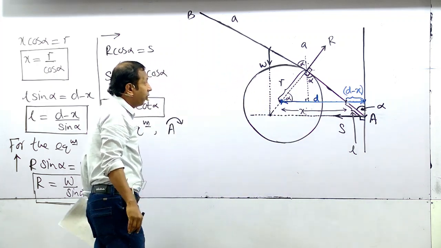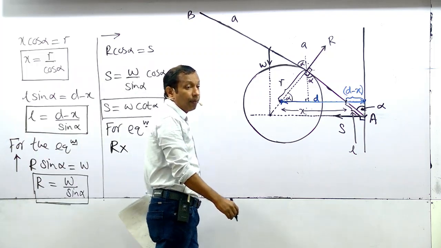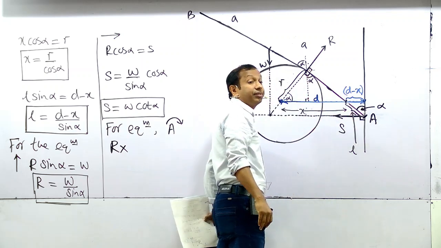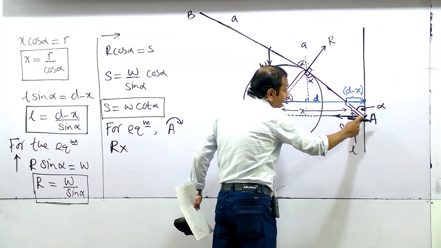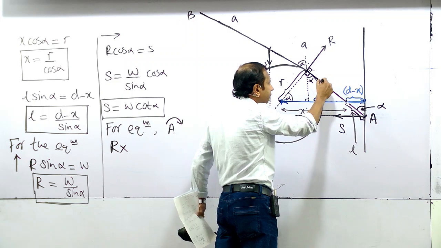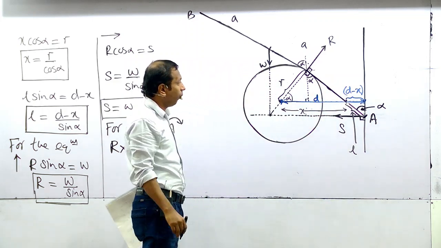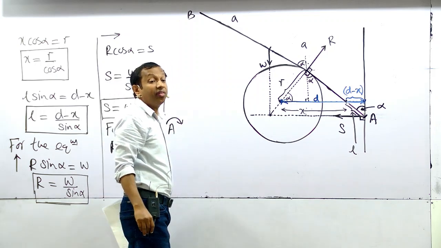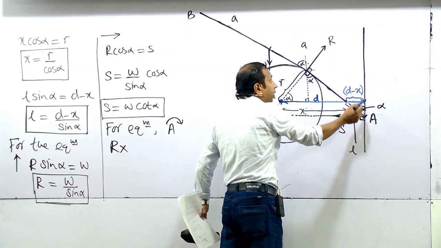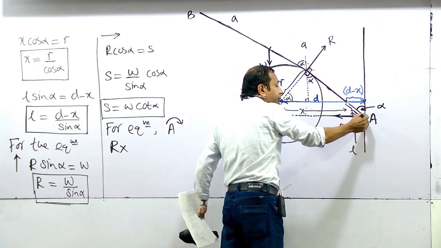Understand? Tell me the moment of R. R multiplied by the distance from here to here. What is that? L plus the length from here to here. When you take moment of R around A, for this R, the perpendicular distance from here to here, no?